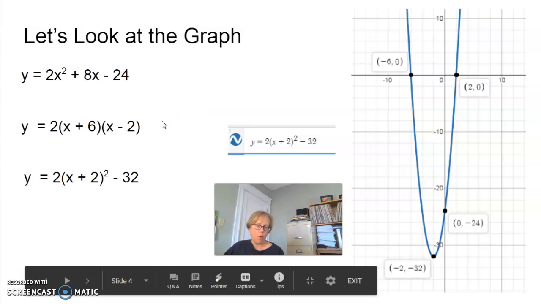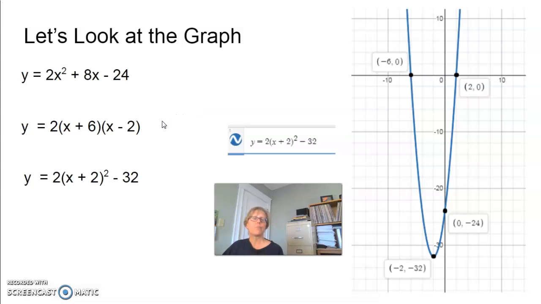The factored format, which we've been working on, is the one that's really useful in helping us find the x-intercepts. Remember, we set each of these equal to 0, because what we want to figure out is what is x when y is 0. We can figure that out by setting each of these equal to 0 and solving.